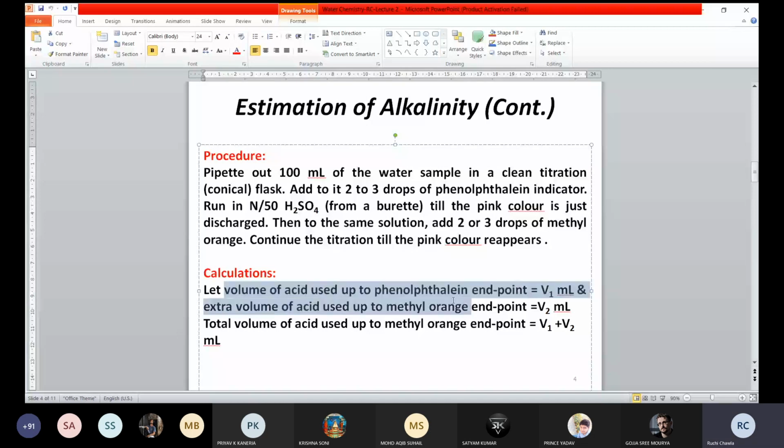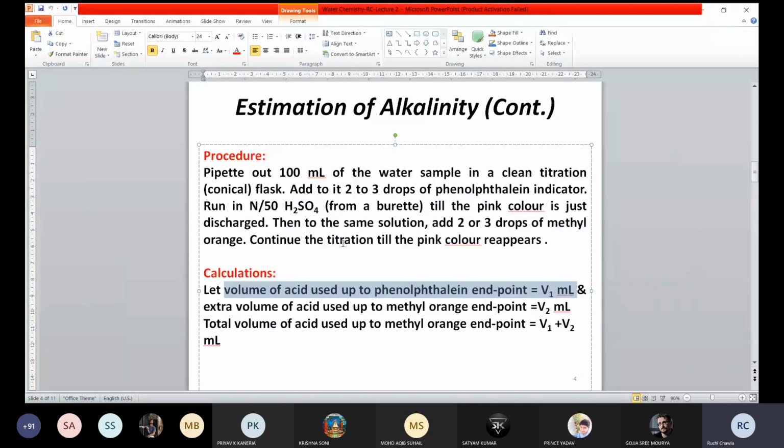Then at that point, what is done? To the same solution, a few drops of methyl orange are added. You will see in general a yellow color. You will go on adding acid from the burette into the conical flask from the same value, from V1. Means you will not make up the acid mark to 0 again.